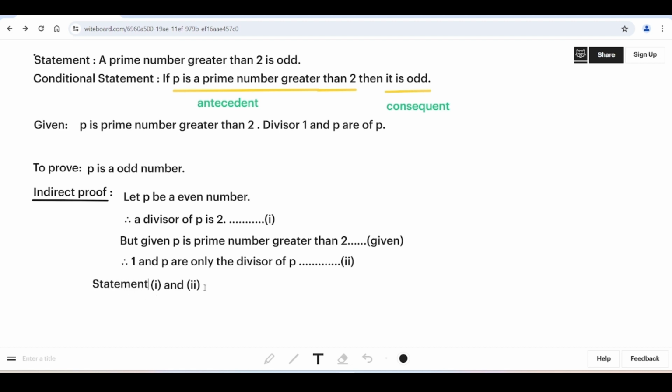Therefore, statements 1 and 2 are contradictory. Because here we say that 1 and P are the only divisors, and here 2 is also a divisor. So these two are contradictory statements, and therefore our assumption that P is an even number is false.